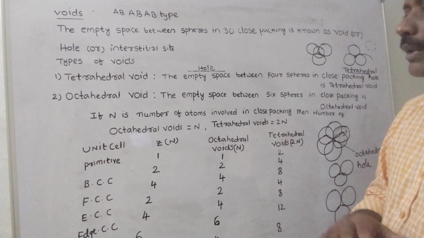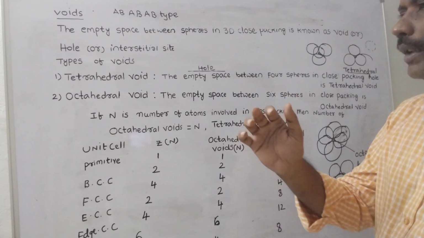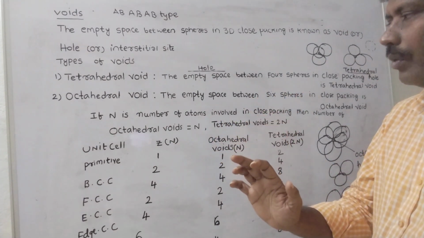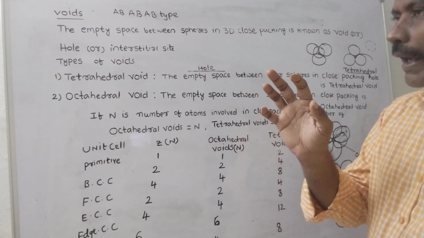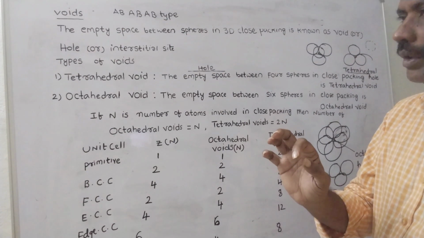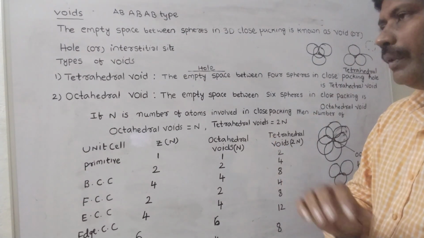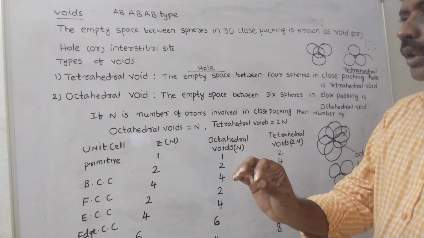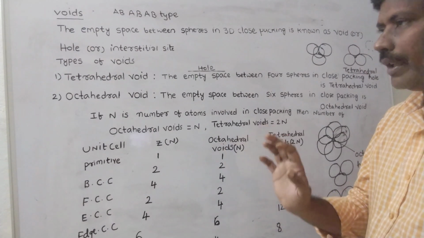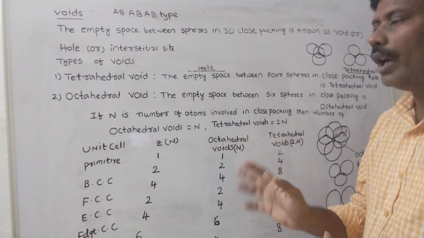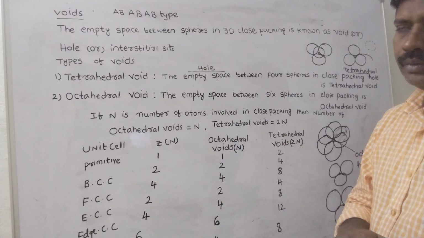So the formation of octahedral voids and tetrahedral voids depends upon the atoms involved in close packing. If the close packing involves n atoms, then the tetrahedral voids are 2n and the octahedral voids are n.